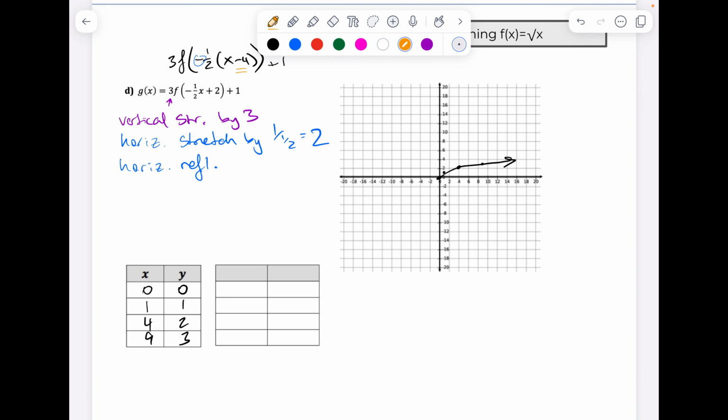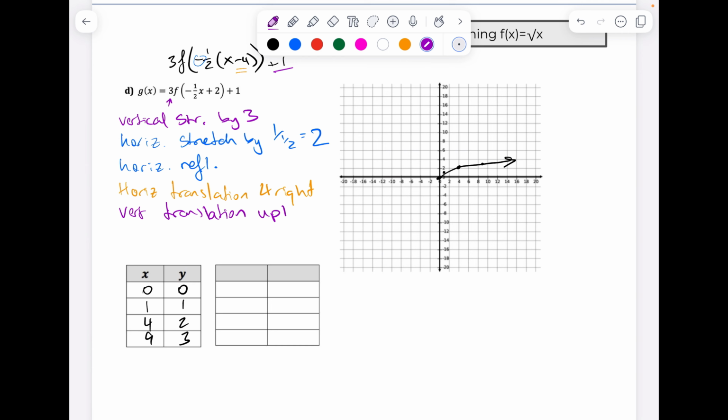The minus 4 tells me that there's a horizontal translation 4 right. And then the plus 1 tells me that there's a vertical translation up 1. Okay, so let's do our mapping statements.